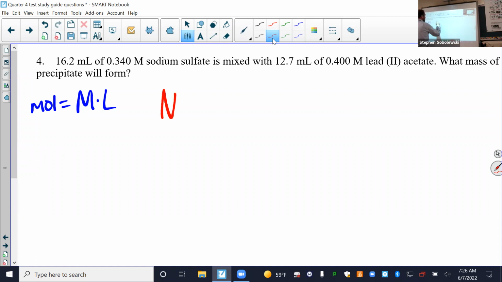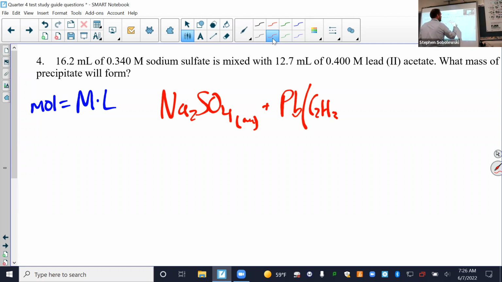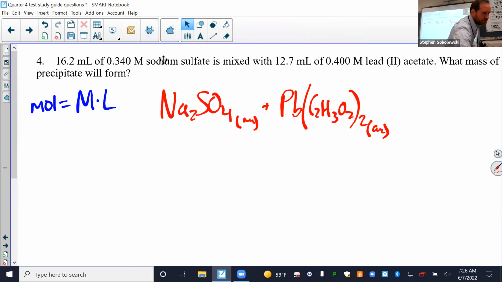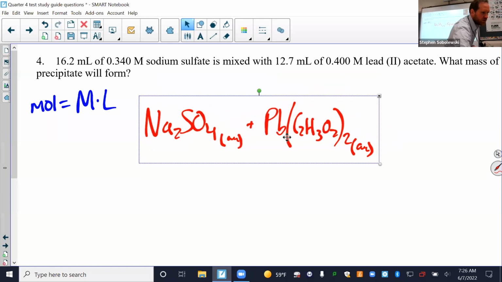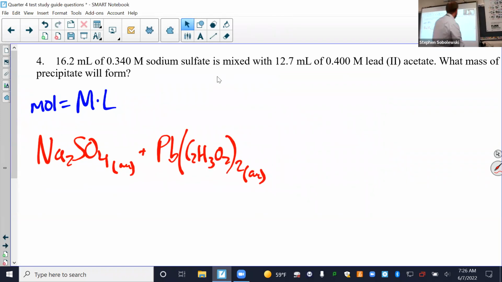So sodium sulfate, Na2SO4 aqueous, reacts with lead 2 acetate, Pb(C2H3O2)2 aqueous. I believe I'm going to run out of room here. Let me shift this down. All right, so another double replacement reaction.